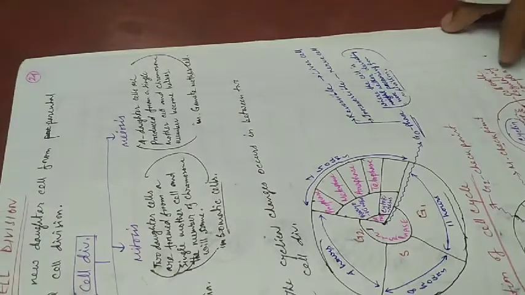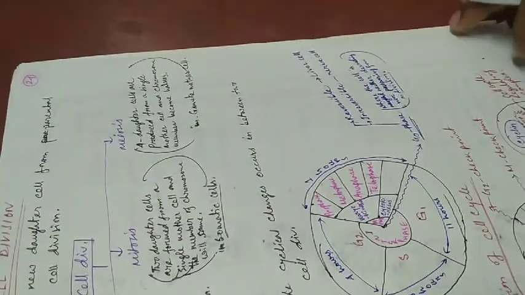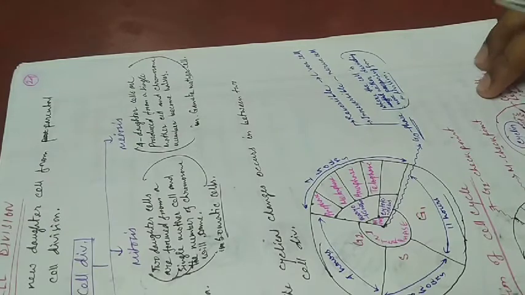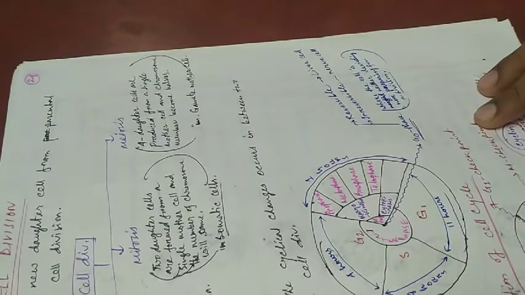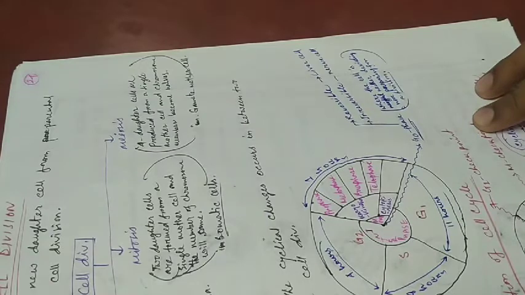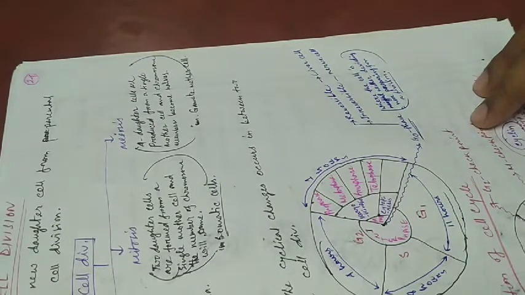In the G0 phase, the cell is neither dividing nor preparing for division. It means if any newly formed cell does not divide or does not prepare for the next cell division, it is called the G0 phase. It is the quiescent phase, or resting phase, of a cell.